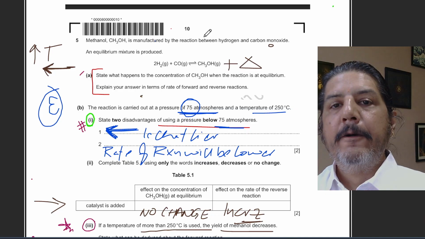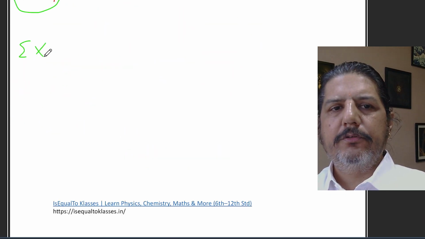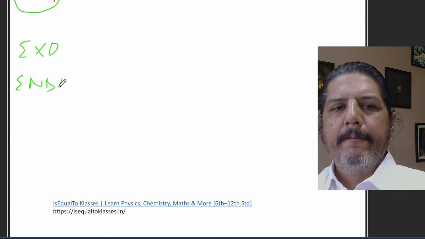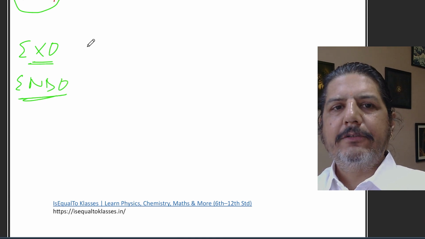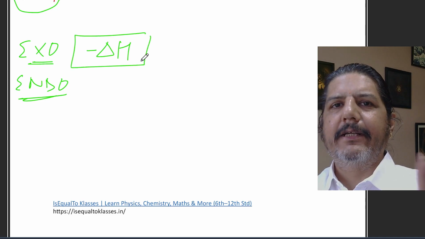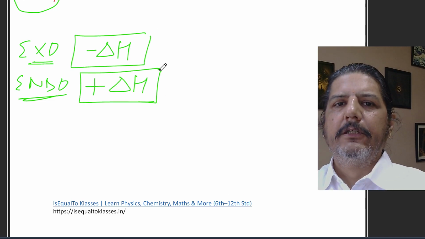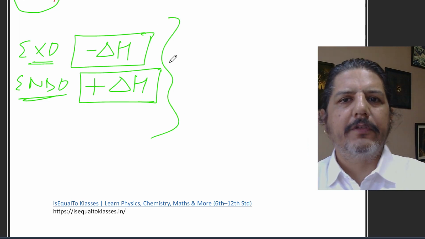Exothermic. So here heat would be released as a product. There's one small thing that I want to clarify. So please don't get confused. Exothermic reaction we write as minus delta H, and endothermic reaction we write as plus delta H. So this remains. Please don't confuse the issues.